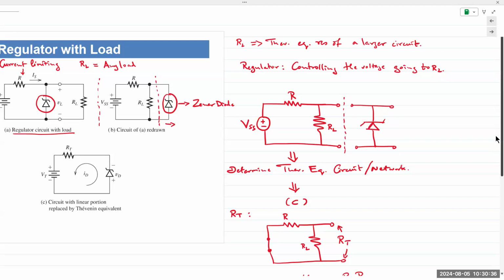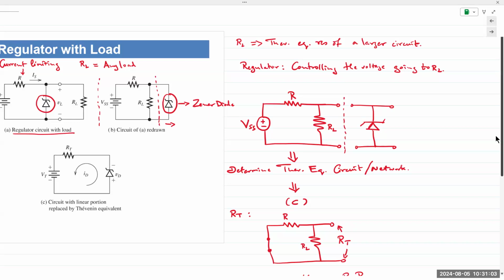Make sense? Now, as voltage increases, what happens? Ohm's law, V equals IR. So as voltage increases, R is constant because RL and R are not going to change. What happens to current? So voltage increases, the total current in the system increases. Where is that total current going?